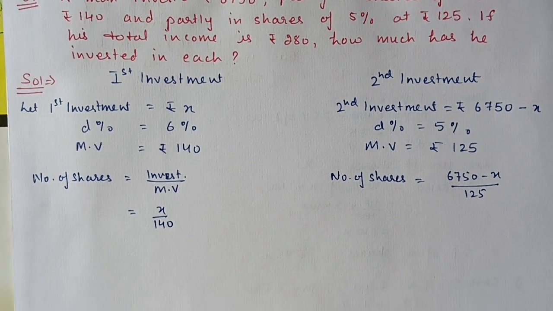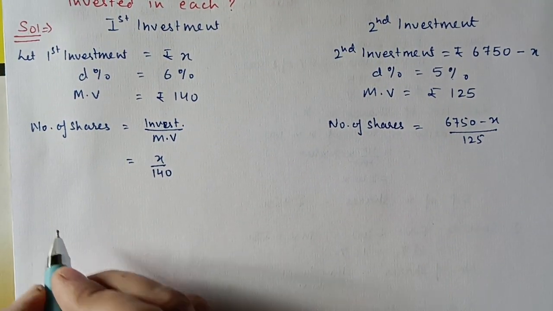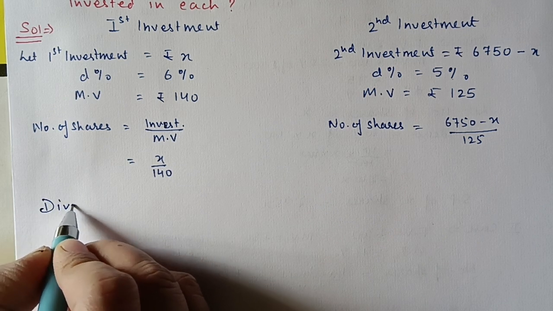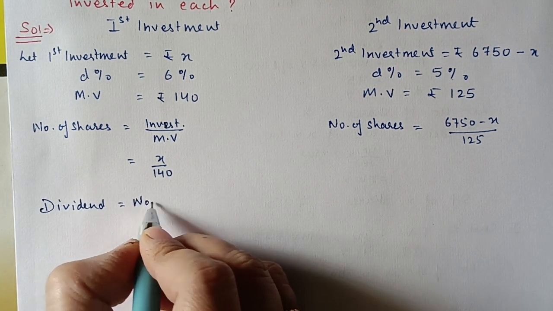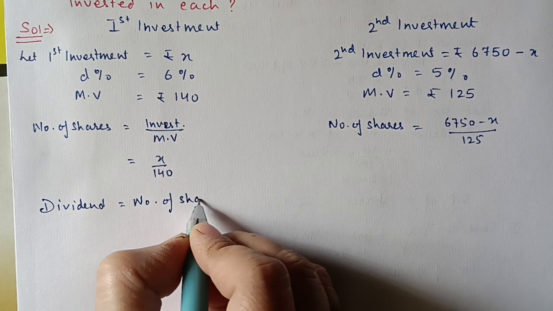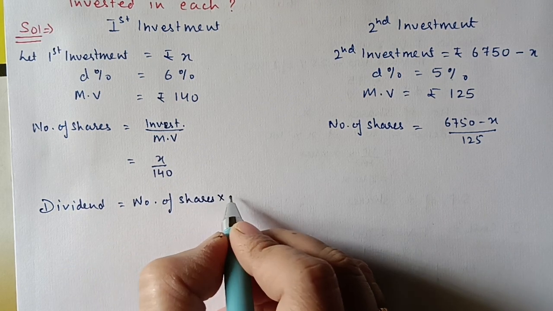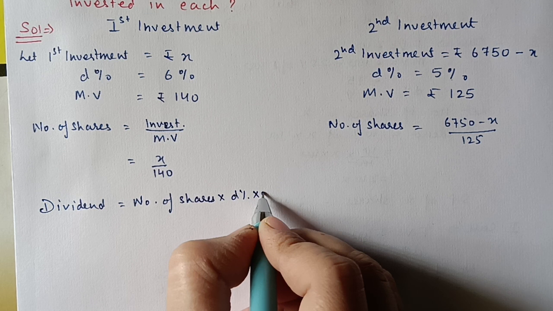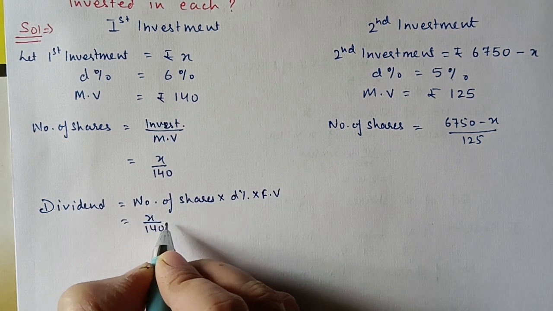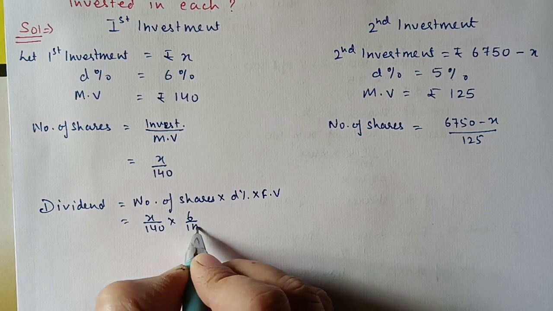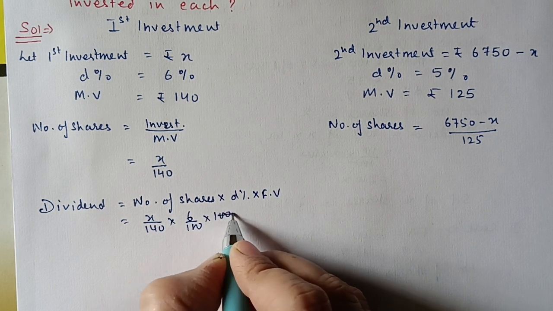Now in the first case, dividend will be number of shares into dividend rate into face value. So number of shares are x upon 140. This is 6% and face value is 100 rupees.